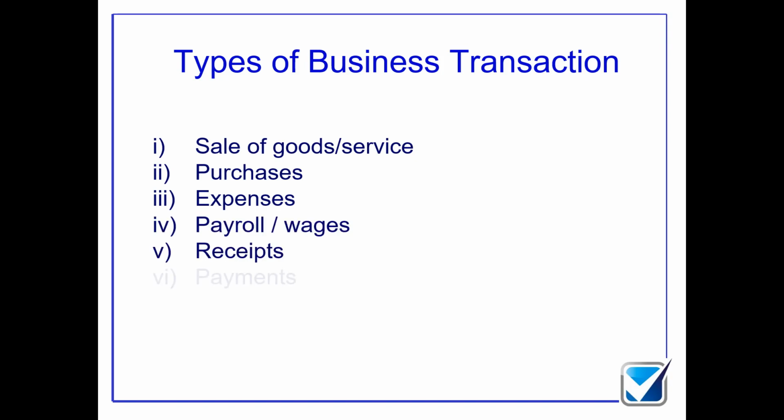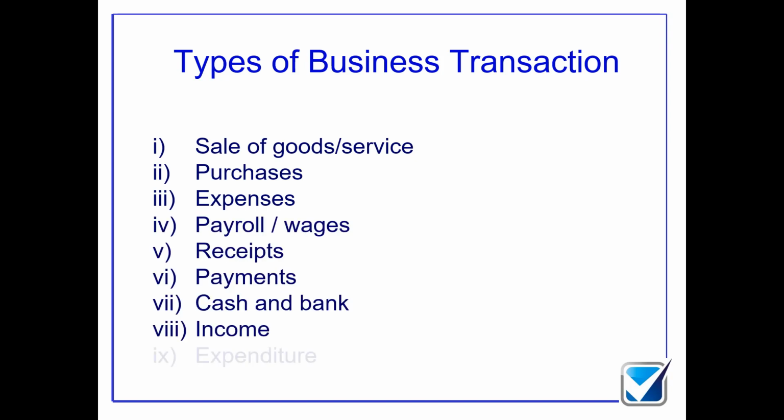Now, the types of transactions you need to have a basic understanding of includes all of the following transactions. And I don't want to sit here and just read through all of these different things. Hopefully you've got a basic understanding of what some of these are. There are a couple which I do want to focus some attention on just to make sure you're happy with it. You have a sale. A sale is when we get rid of an item and we get some cash in for it.